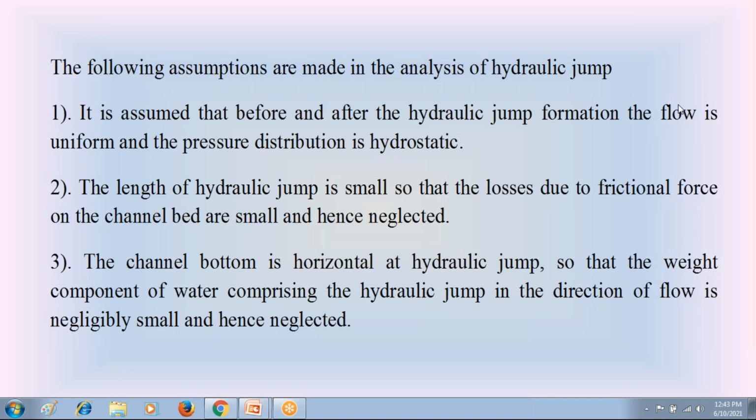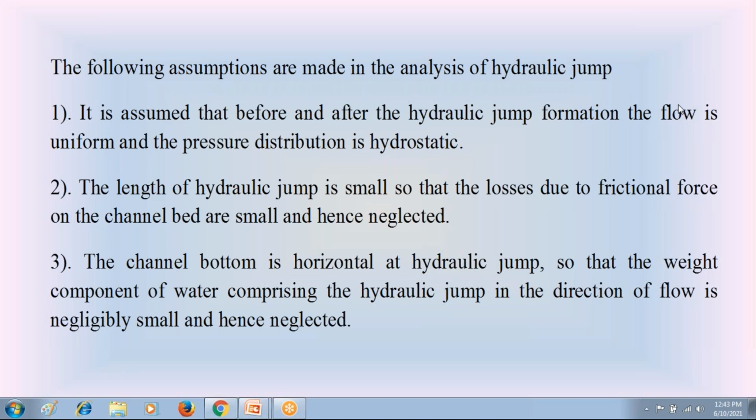Before the hydraulic jump means supercritical condition. After the hydraulic jump means subcritical condition. So we assume, before the hydraulic jump and after the hydraulic jump, the water flow is uniform. Please follow this first assumption.